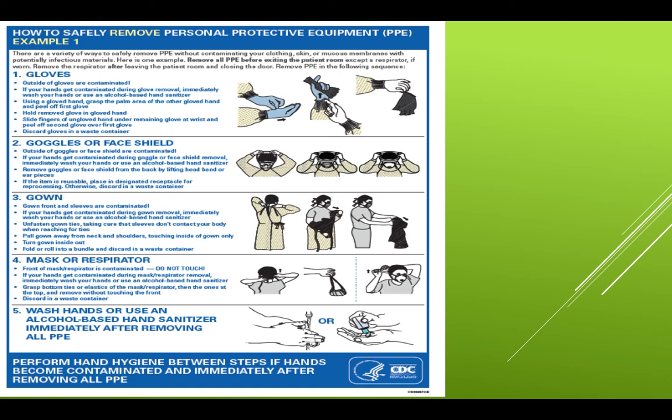And after you've done that, step 5 would be to wash your hands or use an alcohol-based hand sanitizer immediately after removing all of the PPE. It is noted here at the bottom that you should perform hand hygiene between steps if hands become contaminated and immediately after removing it. So again, hand washing, hand washing, hand washing. We'll keep saying that.